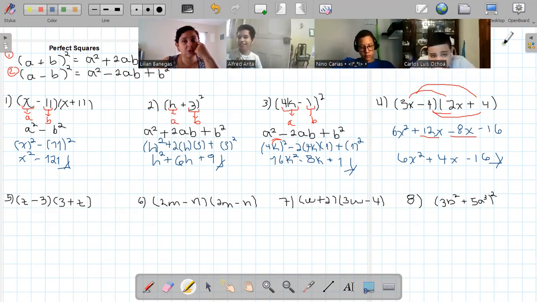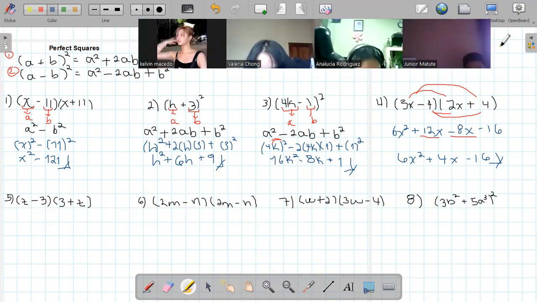Do you think that's true? Yes. Why? Because there are same numbers with different signs. Exactly. They're just located differently, but you can rearrange this in order to have the variable first.